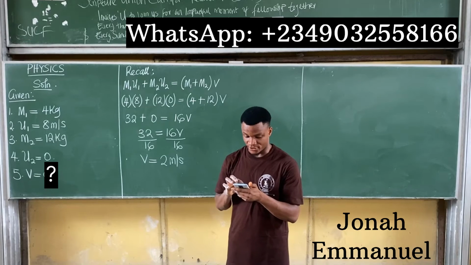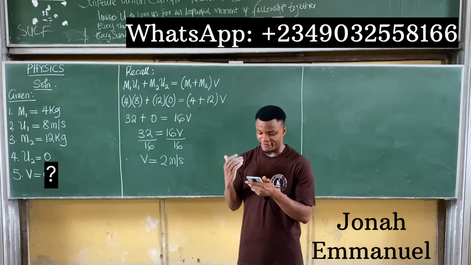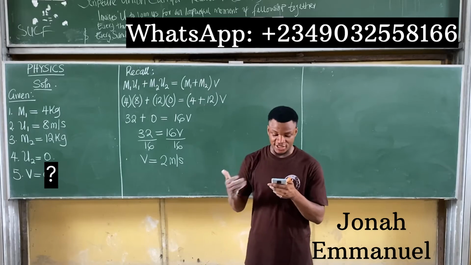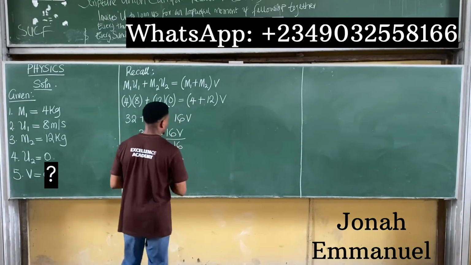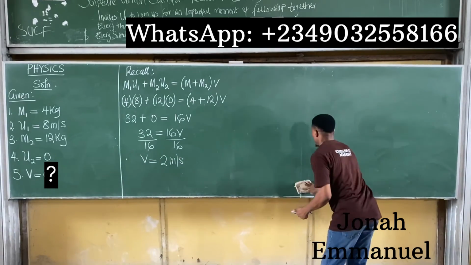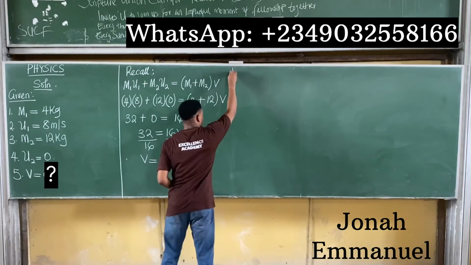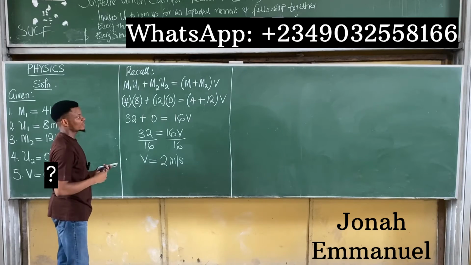Now going back to my question. We've gotten the value of V, the final velocity, and they said to find the kinetic energy lost in the impact. How do we find the kinetic energy lost in the impact?